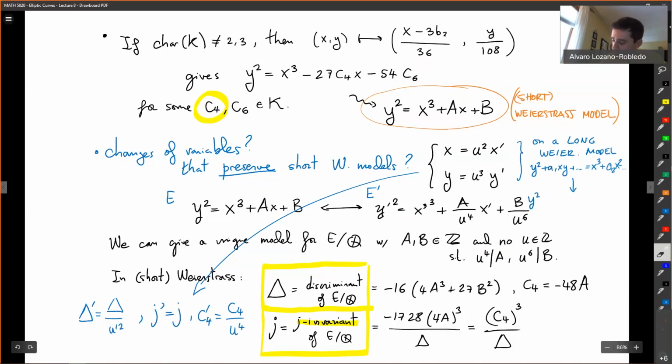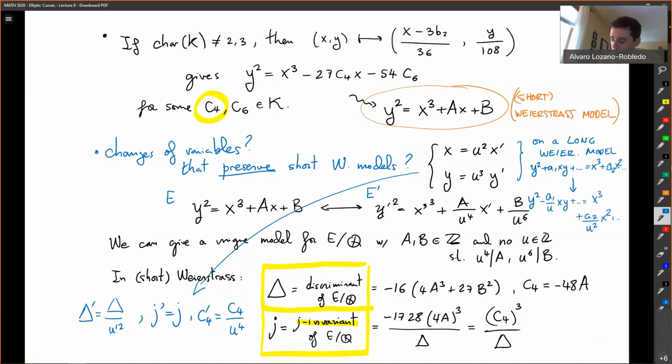If you do one of those changes, then it turns out that it changes every a_i coefficient by u to the power of the subindex of the a_i. So remember when I skipped a5?